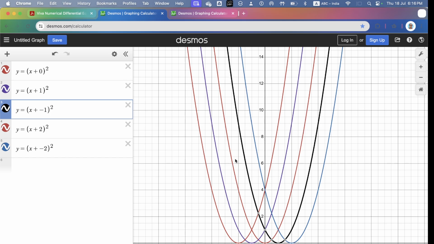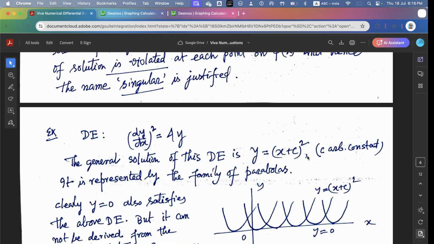This is the family of curves for any arbitrary value of c. c is any real number, an arbitrary constant.